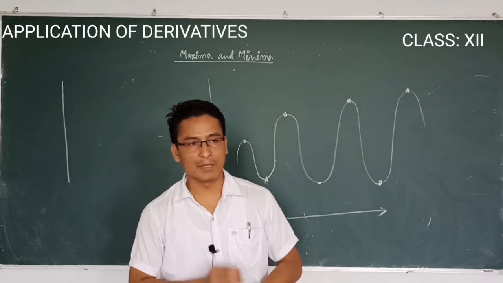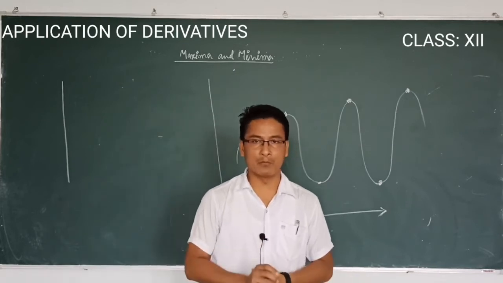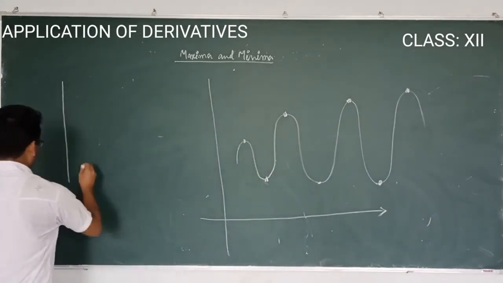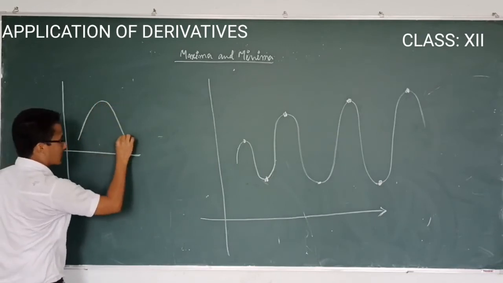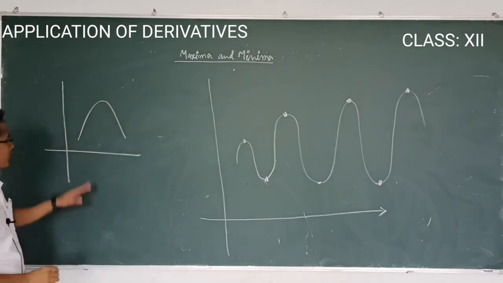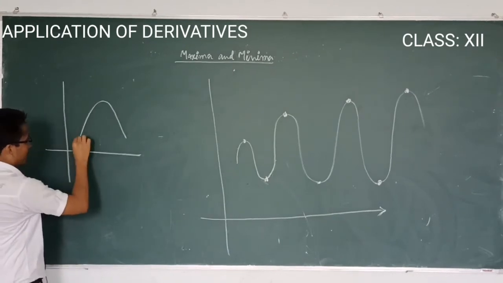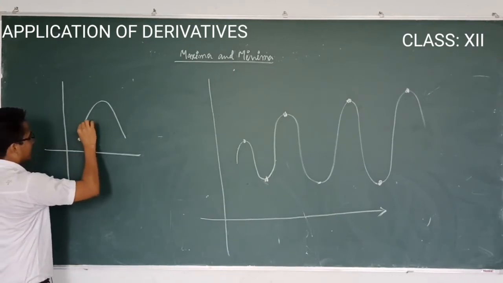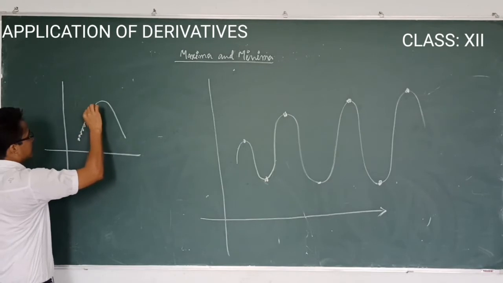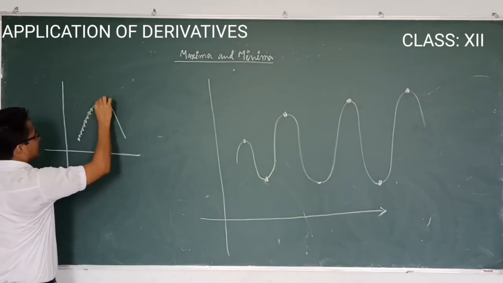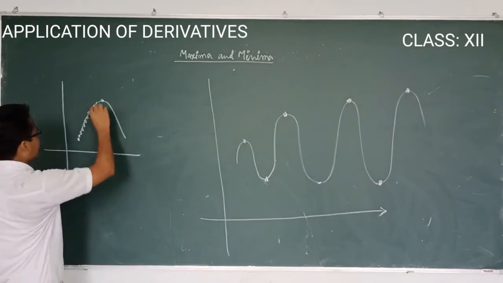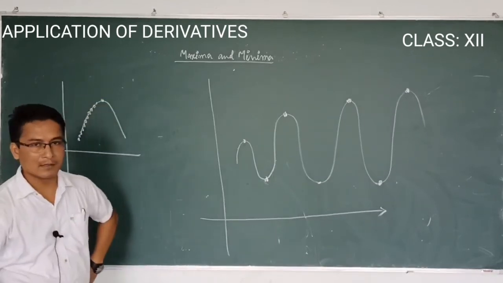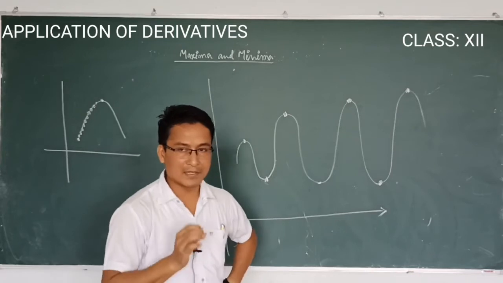So once again I explain what maxima and minima mean. Maxima means maximum of something, minimum means minimum value. If I draw a curve once again, then we will see that this curve is a collection of points.